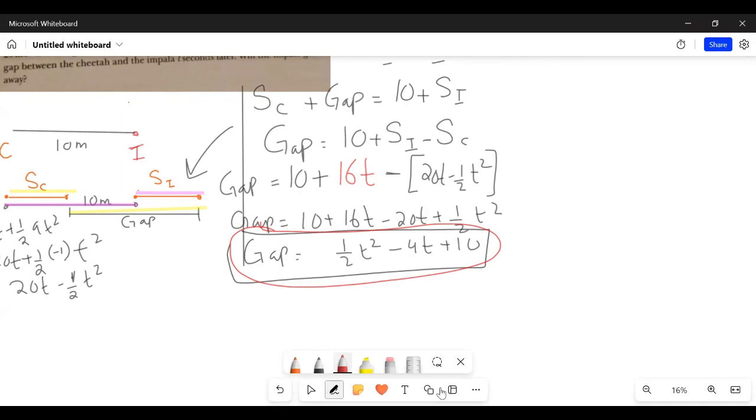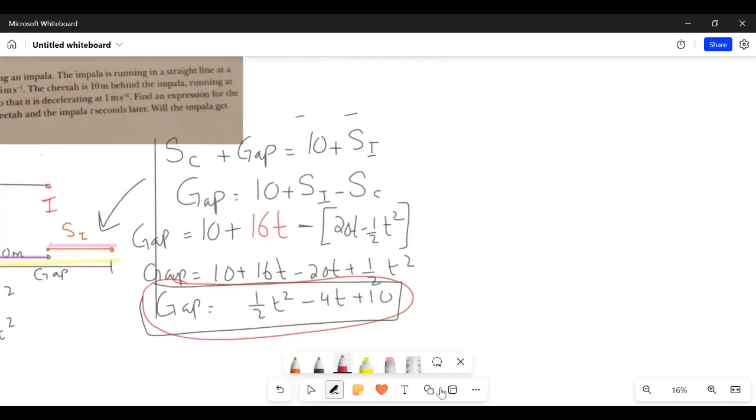But if there is no value of t for which the gap becomes 0, that means that the impala gets away and the gap is never 0. So let's equate it to 0 and see if we can solve this quadratic equation or not.